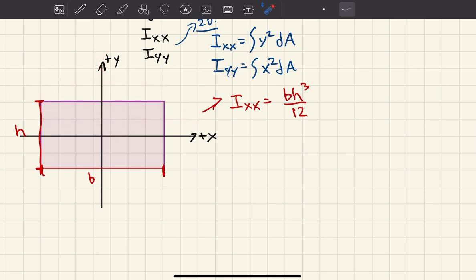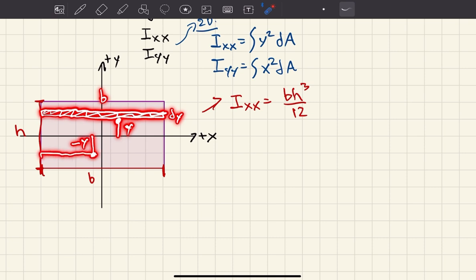Let me repeat that. This entire rectangle is made up of an infinite amount of slices, dA. Each of them, this is a slice at y, has a length b and a height dy. Let's take another slice, for example, this would be negative y, or y, doesn't matter. And then you also have a slice here.